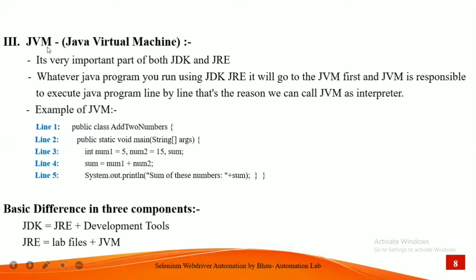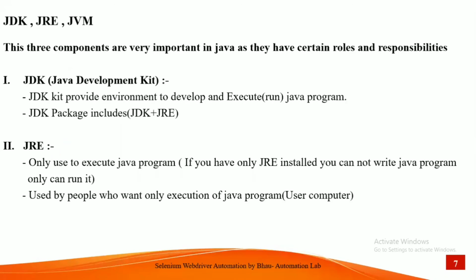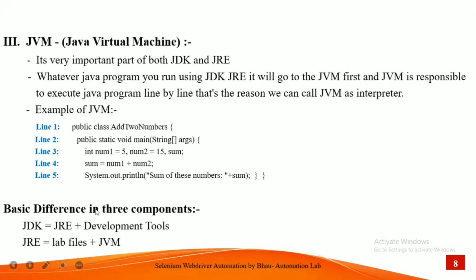I hope you now understand exactly the difference between JDK, JRE and JVM. JVM is internally responsible; it's the interpreter that executes the Java program line by line. JRE is only used to execute the Java program, not develop. And JDK includes JRE by default, so if you install JDK, you can develop and also run Java programs. The basic difference is: JDK is equal to JRE plus development tools, and JRE is library files plus JVM.